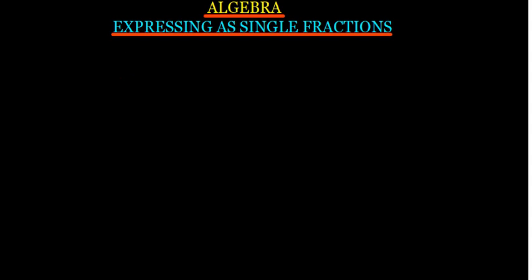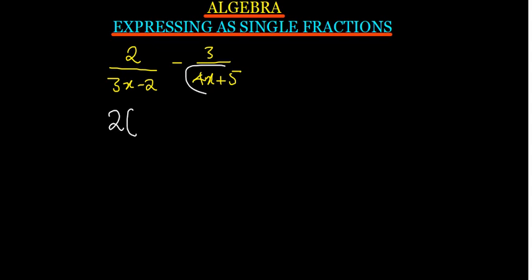Let's say we have another question: 2 divided by 3x minus 2, then minus 3 divided by 4x plus 5. You want to make this a single fraction. How can you do it? Again, you get what is on top of the first fraction, that is 2, and multiply with what is down in the other fraction, that is 4x plus 5.